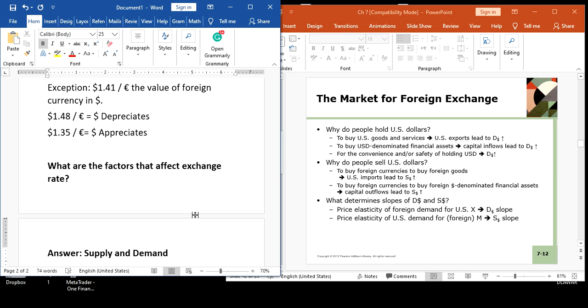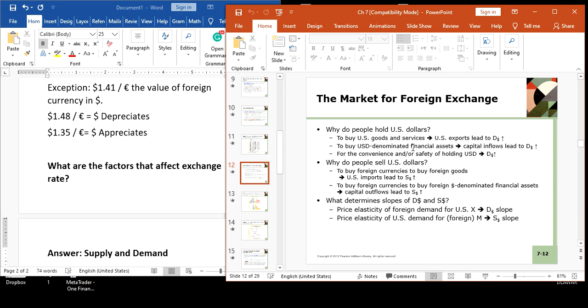Why does supply increase, why does demand decrease? When people go to buy dollars, the dollar appreciates. Many people go, it means demand increases. So why do people hold dollars? To buy US goods and services, to buy US denominated financial assets, for safety of holding.